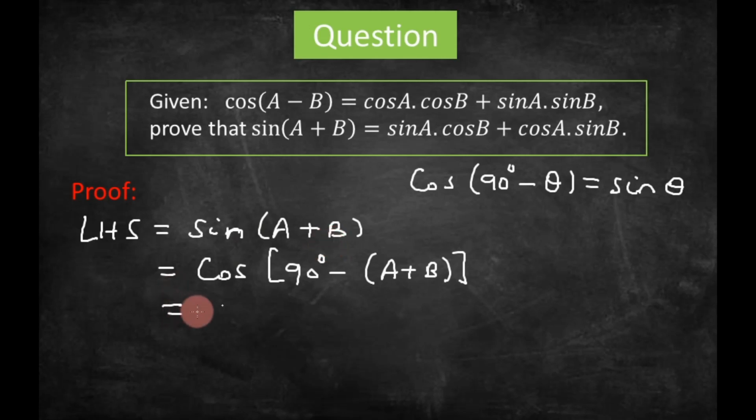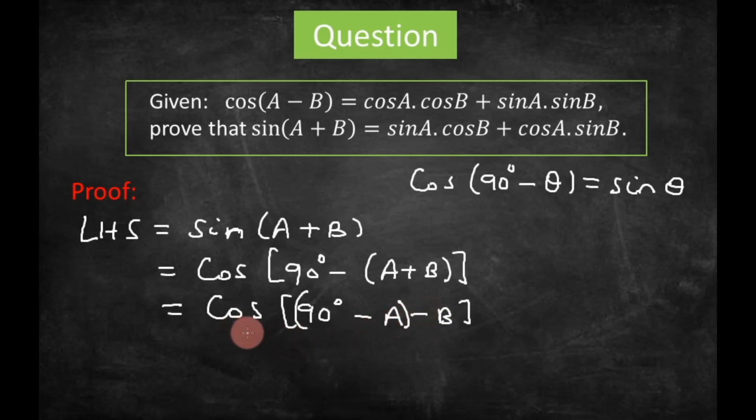And now we're going to simplify a little bit, or manipulate a little bit. We're going to multiply the negative into the round brackets over here. And we're going to group the first two terms together over here. So we have the cos of 90 degrees minus a minus b.